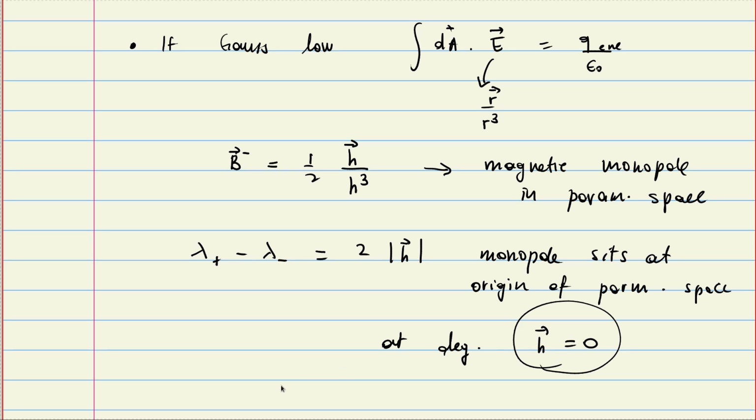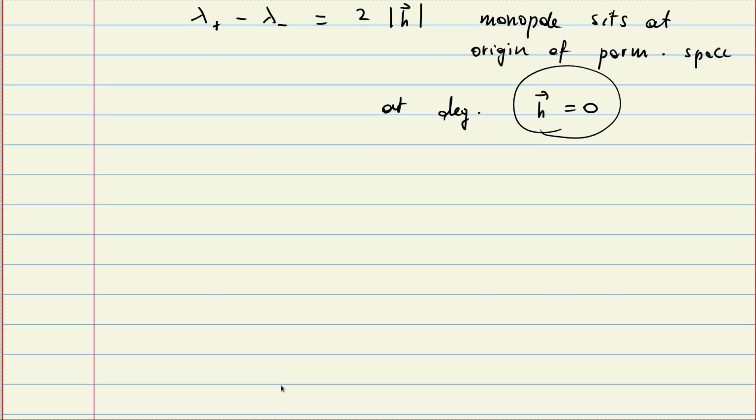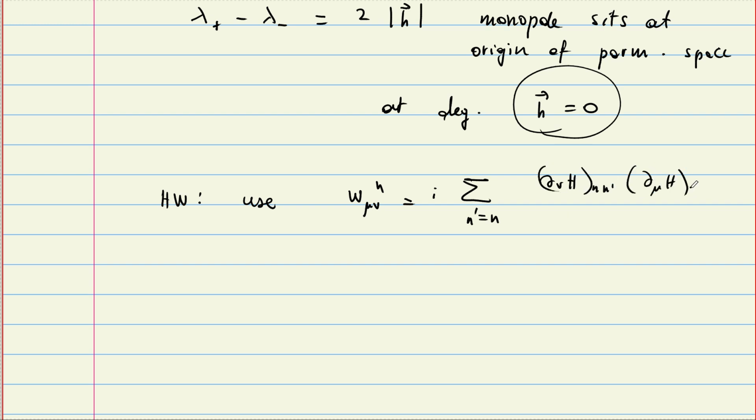So let me give you one more exercise, and I want to make a little bit of connection with some more important topics. But let me just give you homework. Use this formula we wrote, omega mu nu n, which is equal to, I think in the first hour I said there's an alternative form: sum over n prime not equal to n of the matrix elements of del mu h and del nu h between n and n prime, divided by En minus En prime squared.